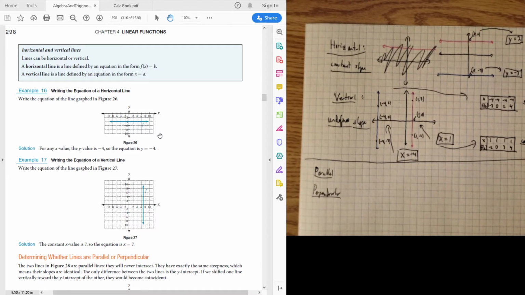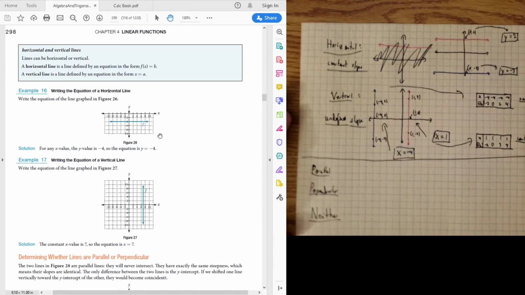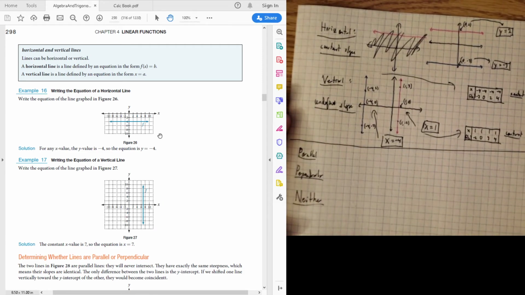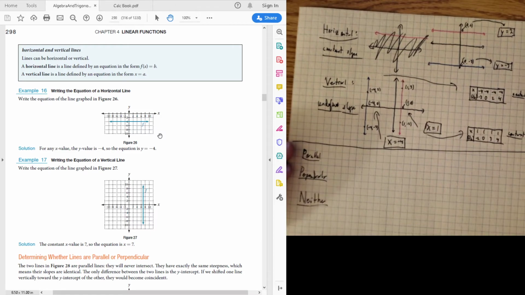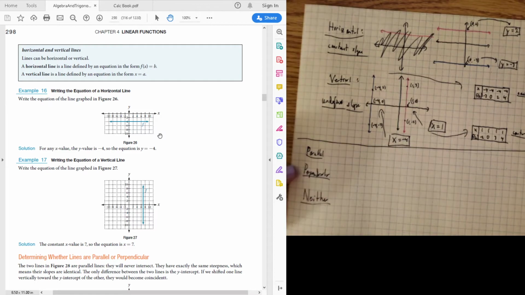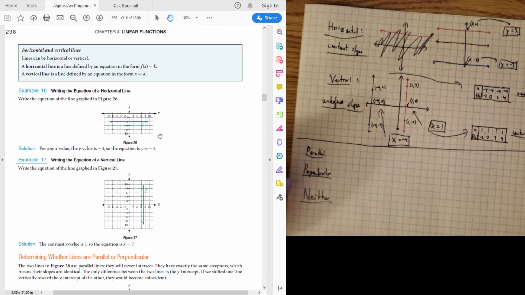It is possible to be neither. Three categories. The first two have simple tests you can do. If it passes the test, then it's parallel. If it passes the test, then it's perpendicular. If it fails both tests, it's neither. So make sure to always remember the three different options you can have. You could be parallel, you could be perpendicular, you could be neither.